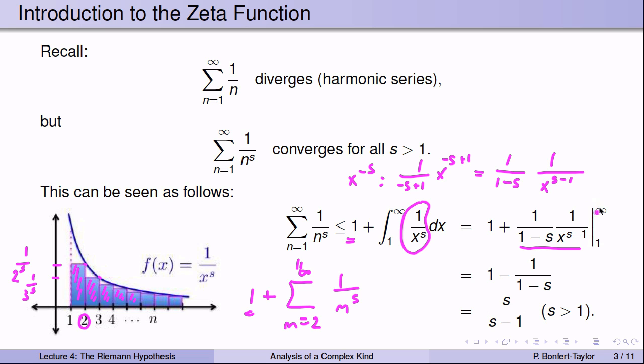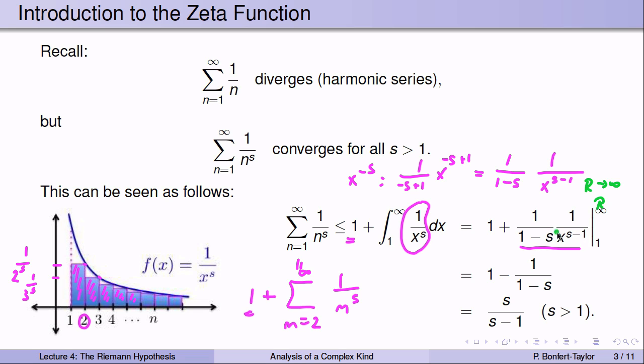Well, I can't really plug in infinity. What this really means is I would plug in a really large value, say r, and then later on let r go to infinity. But when I plug in a really, really large value of r for x, I'm looking at this exponent s minus 1, because s is bigger than 1. S minus 1 is still bigger than 0.